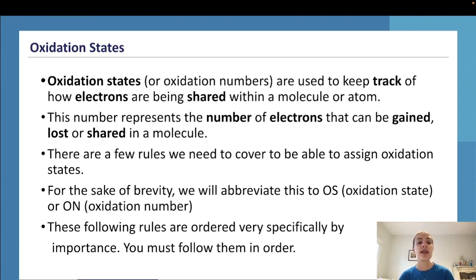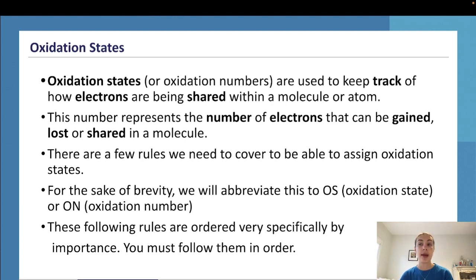This number represents the number of electrons that can be gained, lost, or shared within a molecule. There are a few rules we need to cover in order to assign these oxidation states.